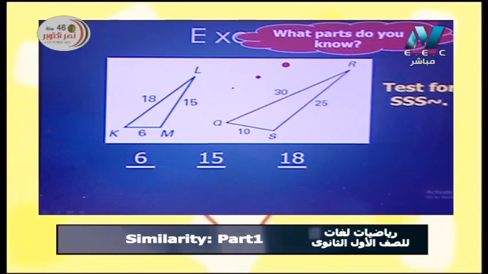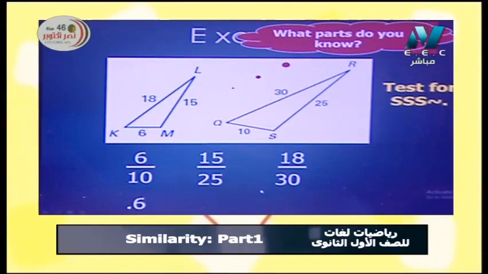The smallest side here, which is KM equals 6 centimeters, must be divided by the 10 centimeters, which is QS, and 25 and 30. Notice that we start with 6, 15, 18 from the smallest to greatest, and here we also started with the smallest to greatest, 10, 25 and 30.